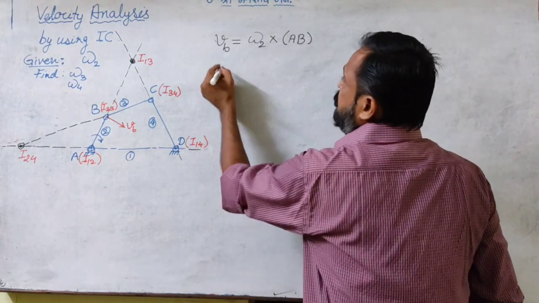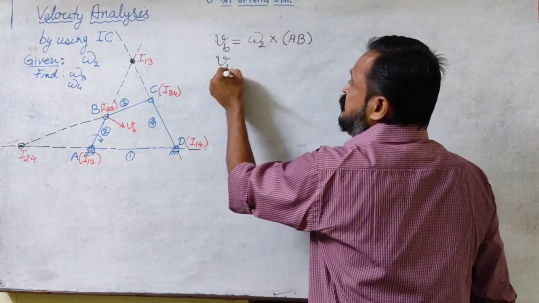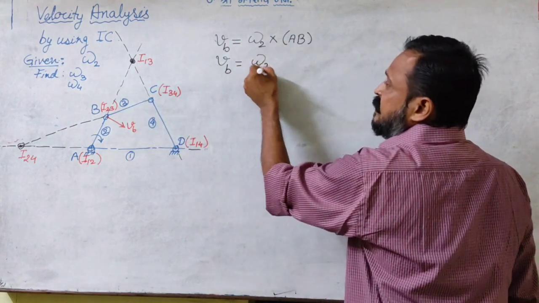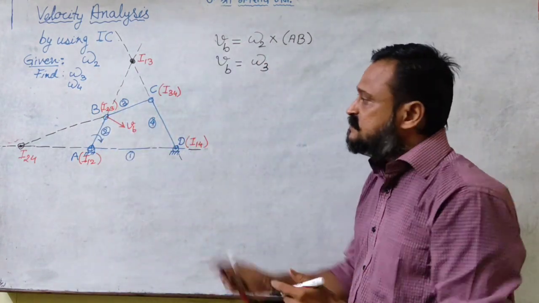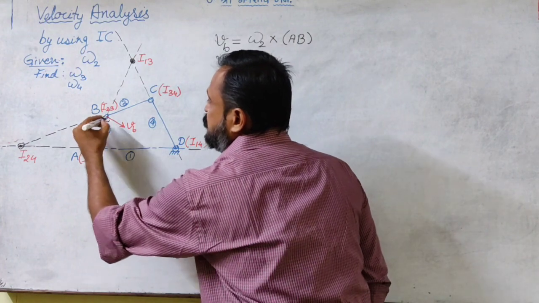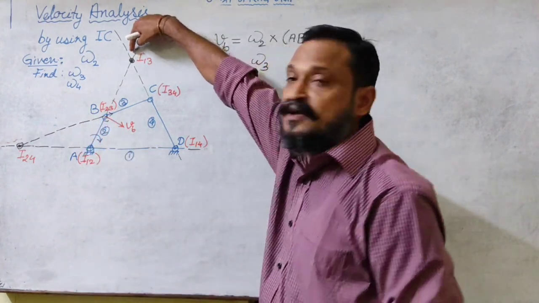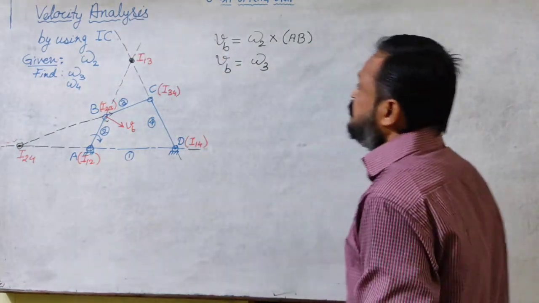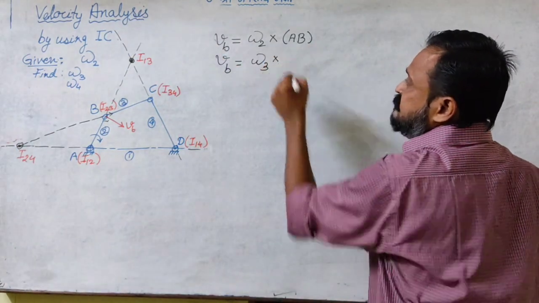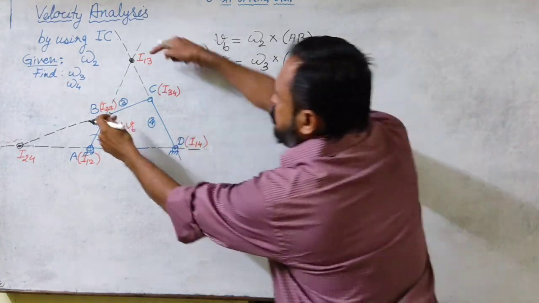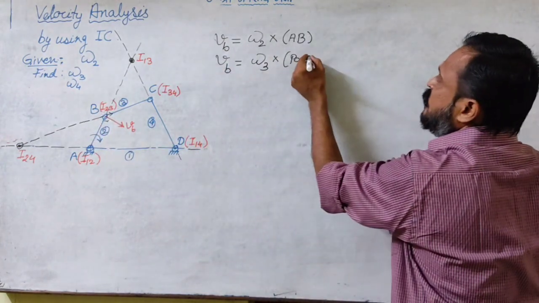Then as well, velocity of B is equal to omega 3 into its distance, since this is perpendicular to this one as well, as if B is also rotating about I 1,3. So that means it will be omega 3 into the length B I 1,3.